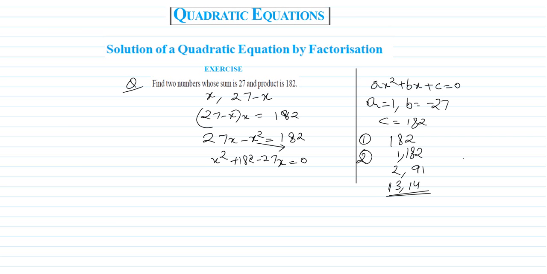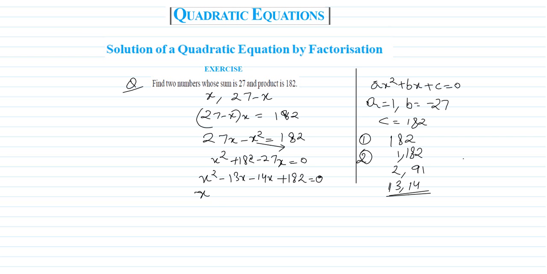And if we take x common out from the first two terms, this will be x minus 13, and if we take 14 common out from the last two, it will be x minus 13 again. So we can take x minus 13 out as a common factor, and x minus 14 will remain, so that is equal to 0.